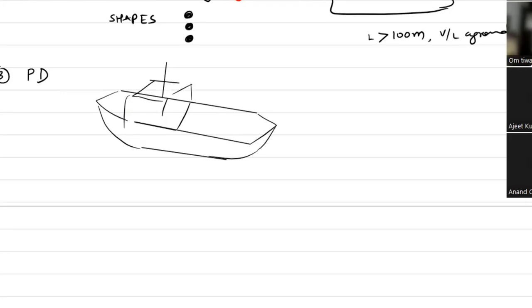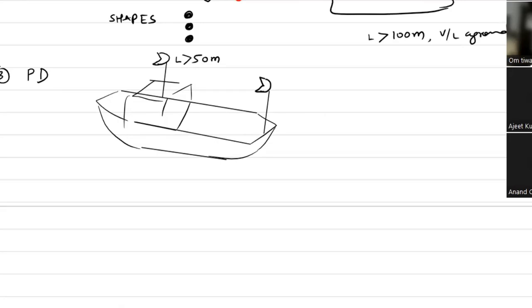The power-driven vessel is having one masthead light here. And you know, masthead light is a white light. Yes, sir. And if the length is greater than 50 meter, it is going to have this. Here the length is greater than 50 meter.